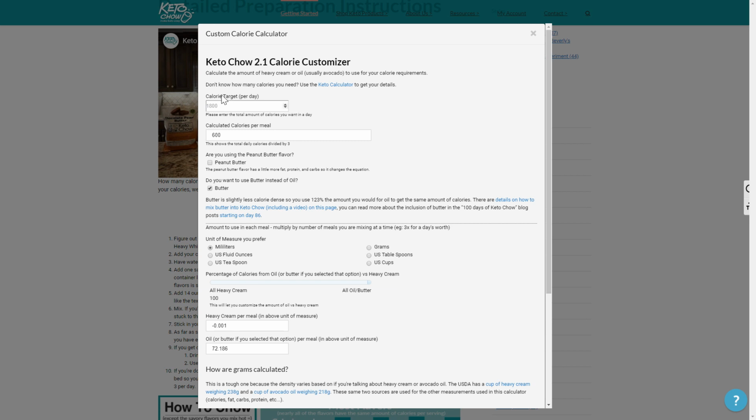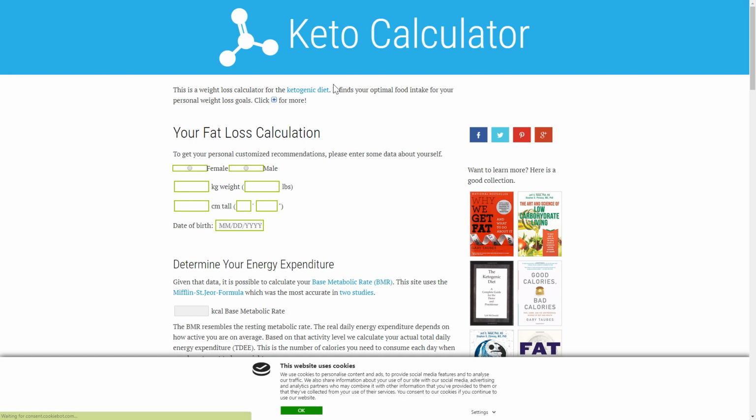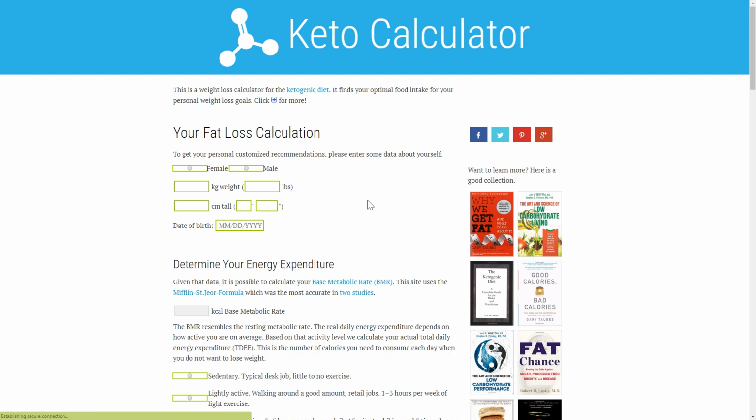Now, right here at the top: don't know how many calories you need, use the keto calculator for details. This is a website that has, I think, one of the better calculators for figuring out how many calories you need per day.